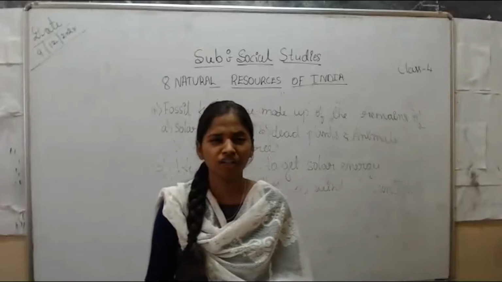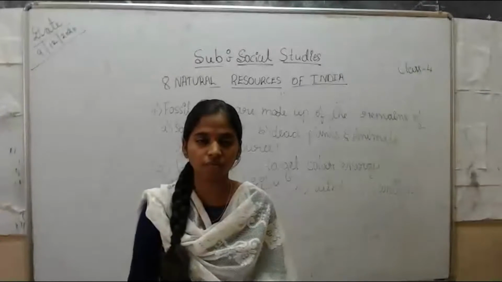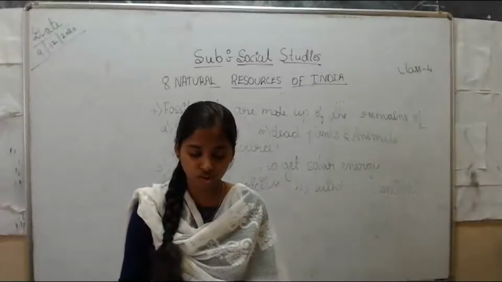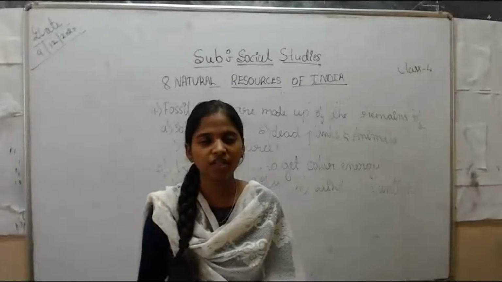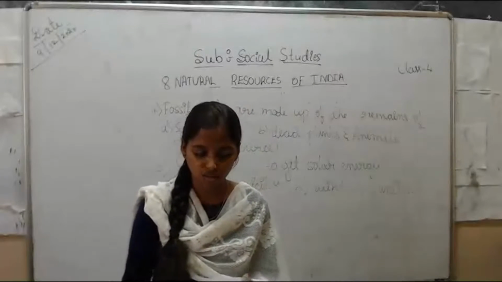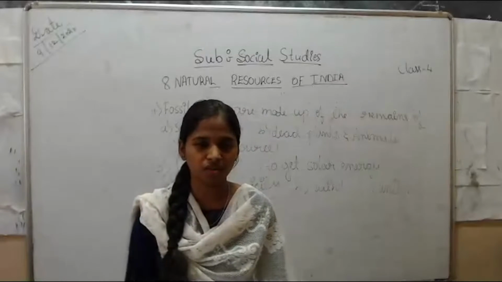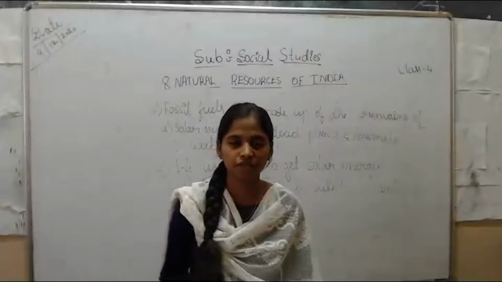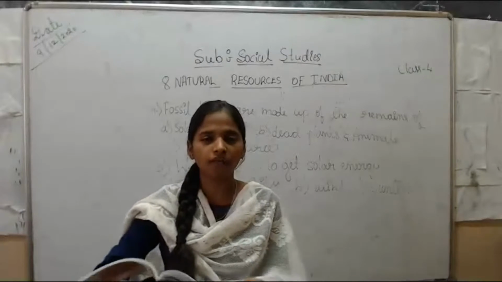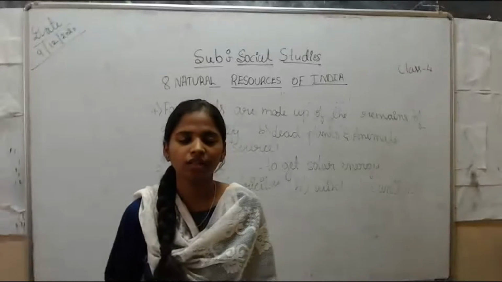List them and make a chart accordingly. Then draw a picture along with each natural resource, whether renewable or non-renewable, and explain the benefits we get from them in 2 or 3 sentences. I hope students you all understood this chapter.